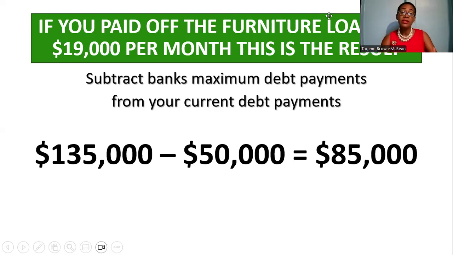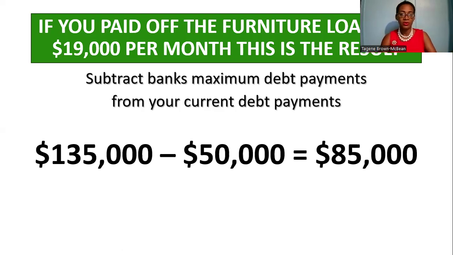What you can do is do the calculation as if you paid off the furniture loan, and run the numbers and you will see what the result is. Okay? All right, so we are going to subtract from the bank's maximum, which is calculated based on your current income. We are going to assume that your current income is still 300,000.